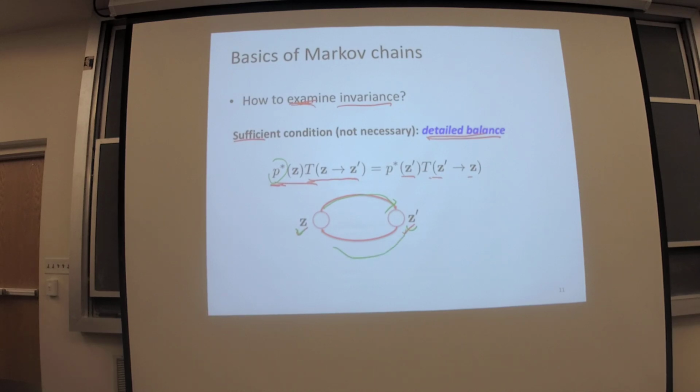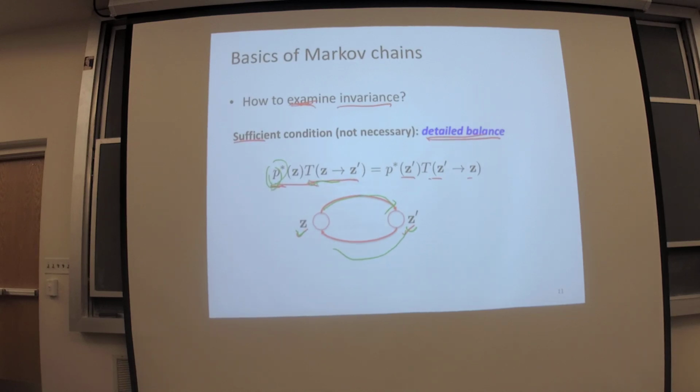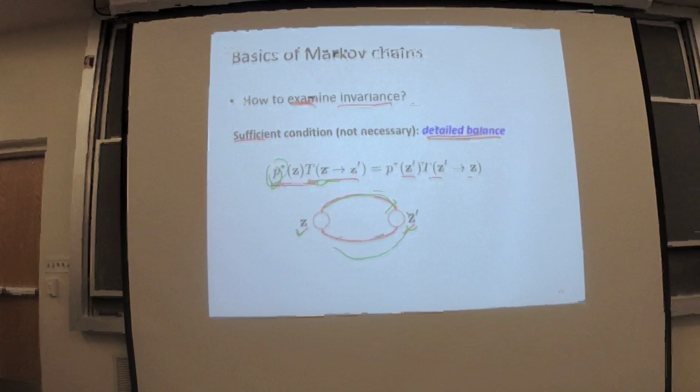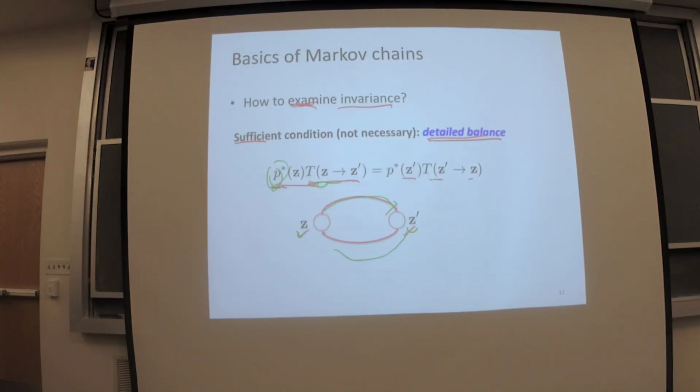If the two probabilities are the same, we say this target distribution and the transition kernel satisfy detailed balance. Then we can claim that this distribution is invariant to the transition kernel. Does it make sense? That's the way I memorize detailed balance: the probability as I jump back. It's called detailed balance.